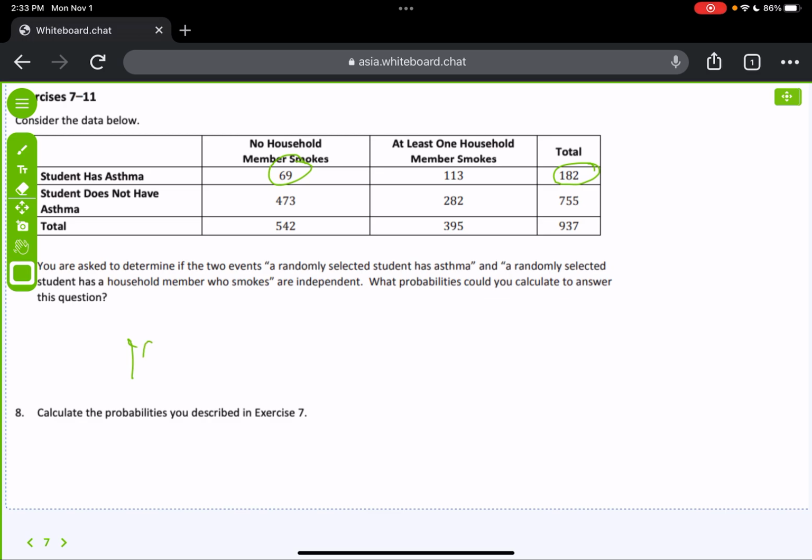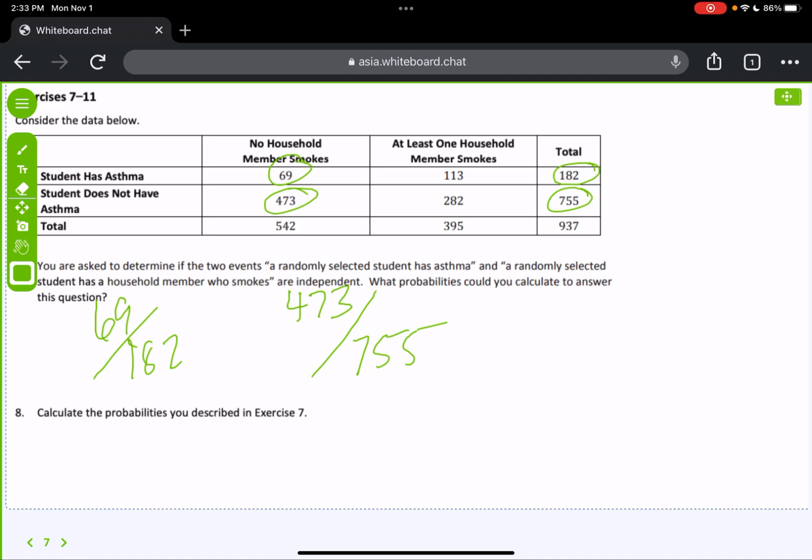So that's going to be 182 out of 69. And then we're also going to look at the students that don't have asthma and those with non-household smokers. So we're going to look at that as 473 out of 755. So if those are about the same, then they don't have any effect, right? Those are independent.